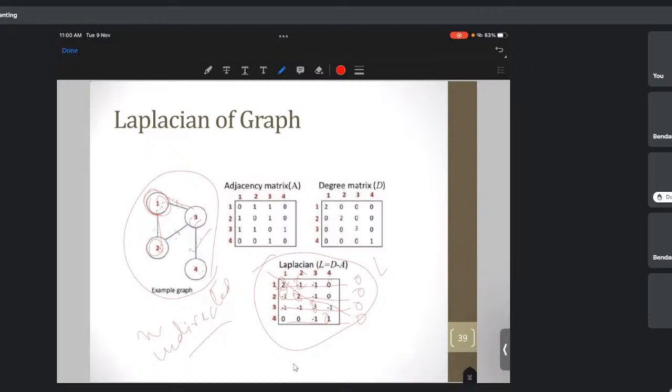So the Laplacian matrix is always singular, it's a singular matrix, and 0 is always an eigenvalue. Also, since it is a real matrix and it is symmetric, the eigenvalues of this Laplacian are real.